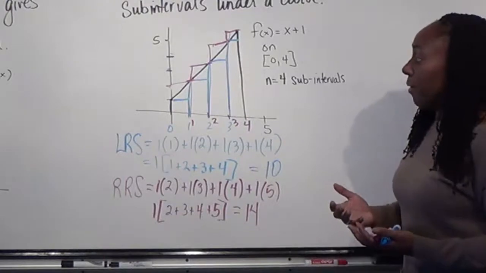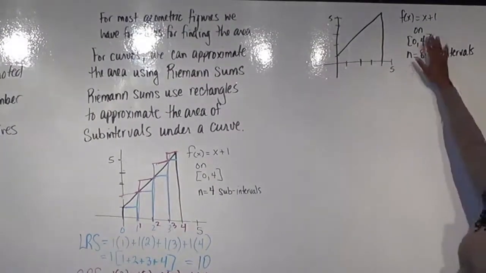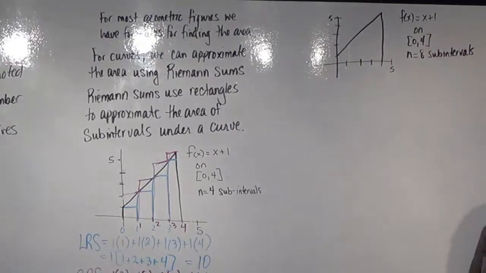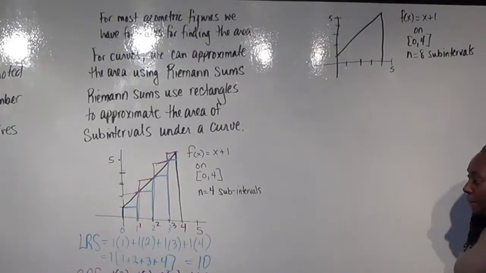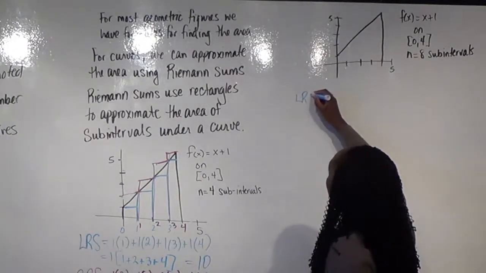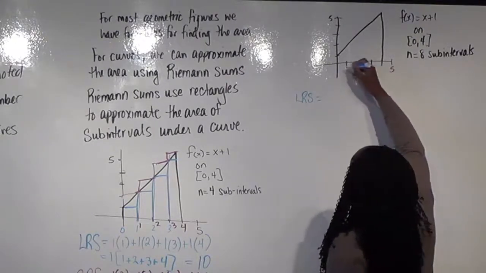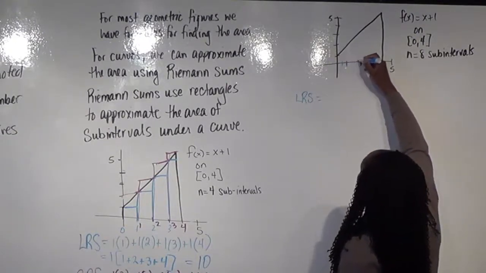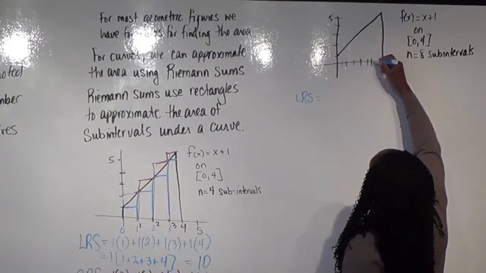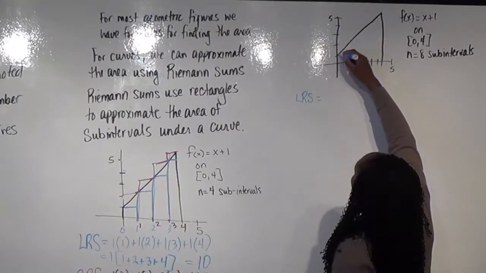And that may not be apparent just yet, so I'm going to look at this one more time. Let's look at that same function on the same interval, but now let's look at 8 subintervals. Okay? So if I do the same thing, my left Riemann sum says I'm going to take this and divide it into 8 subintervals. Okay, and I'm going to use the left-hand endpoints.